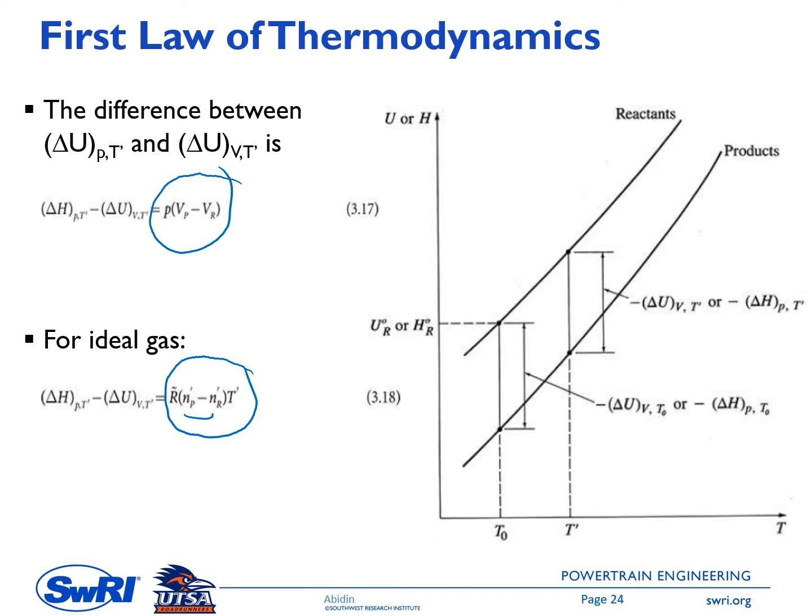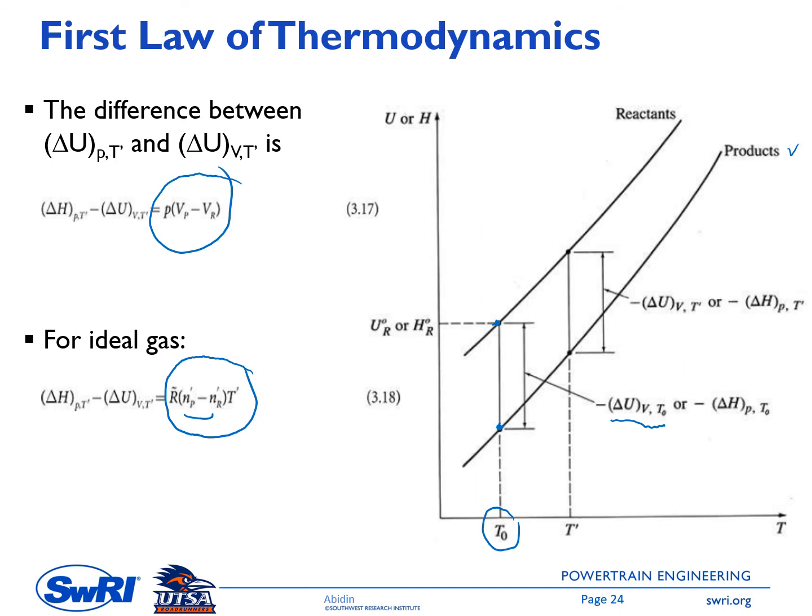On the right side here, you can see the schematic of U and H dependency on the temperature. We have two lines here. Line number 1 is for the reactant, and line number 2 is for the product. If we have a reaction at T0, the difference between this point and this point is called delta UV or delta HP at temperature T0.